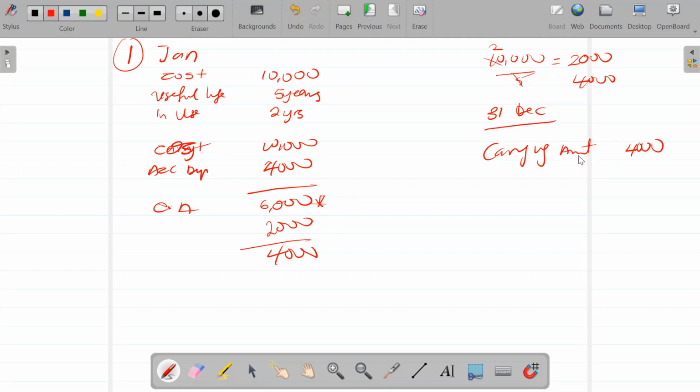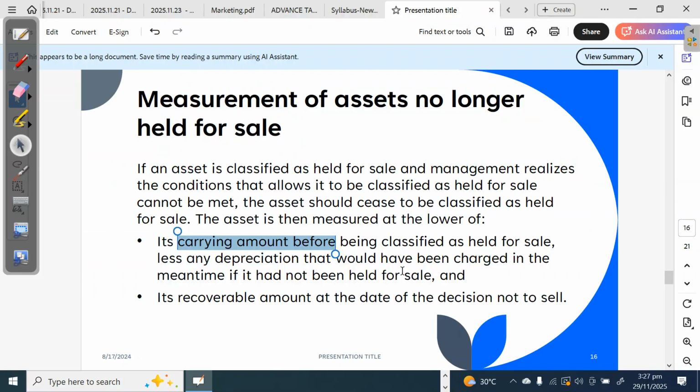So the standard is saying that if you decide to send it back, then calculate depreciation as if the asset was never even classified as held for sale. Okay, so we'll get a current amount of 4,000.